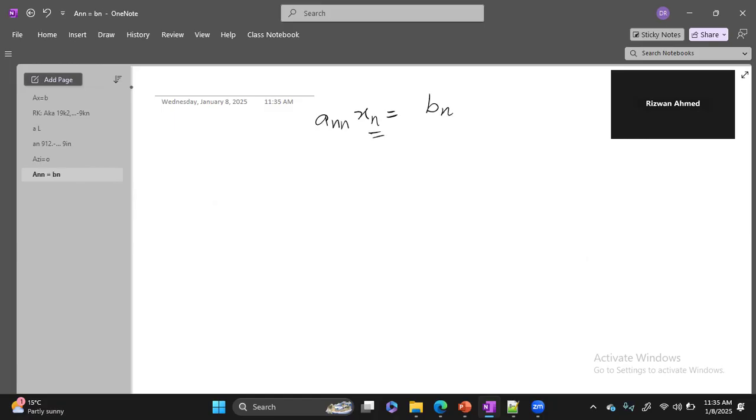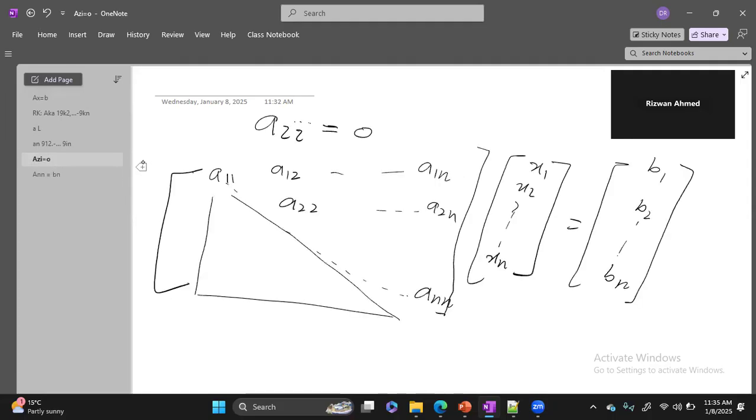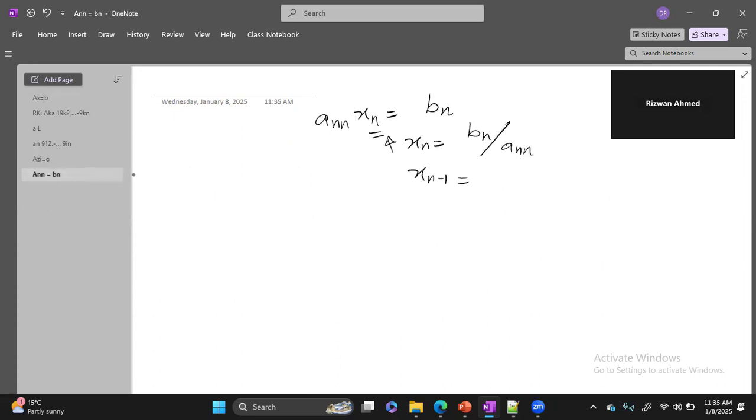So xn is equal to bn divided by ann. And then xn minus 1 will be obtained from the equation above, where we have the two unknowns, xn minus 1 and xn. Now we have the value of xn, so we can do the substitution.